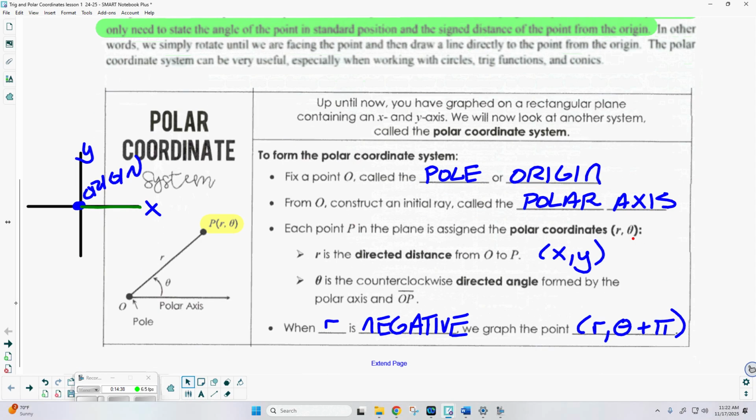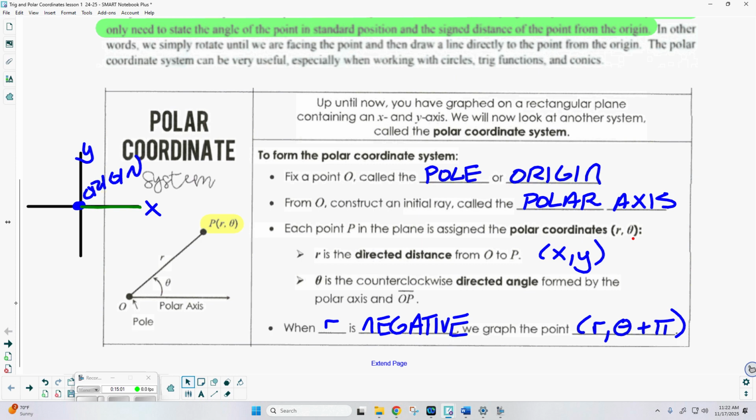So this is that other sheet that you picked up. Now, to form the polar coordinate system, fix a point O called the pole or the origin. So you're still going to have an intersection of two axes, the x and the y. But instead of calling their intersection the origin, we're now referring to it as the pole. Okay, so the origin is now the pole.